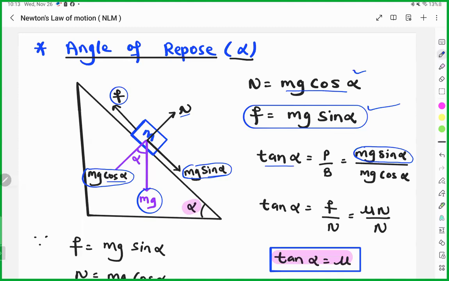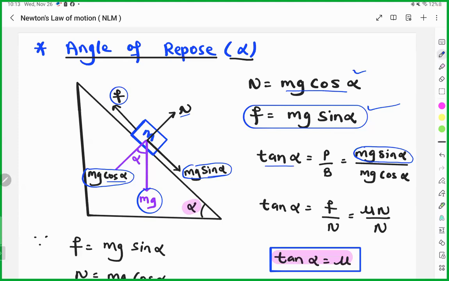The answer is everything same, but what you need to understand is how they are equal. This works only if the block is not moving, because the block tends to move downward. That's why friction is acting upward, and both are equal. That's why the block is not moving.